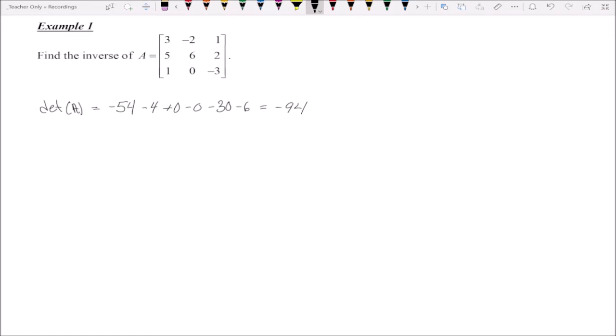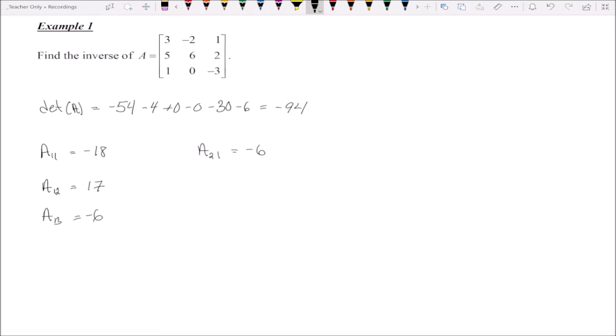Now, find the cofactors. Right, so remember, it'll be 3 times the determinant of 6 2, 0 negative 3. Using that method, this will be negative 18. A12 would be 17. A13 would be negative 6.